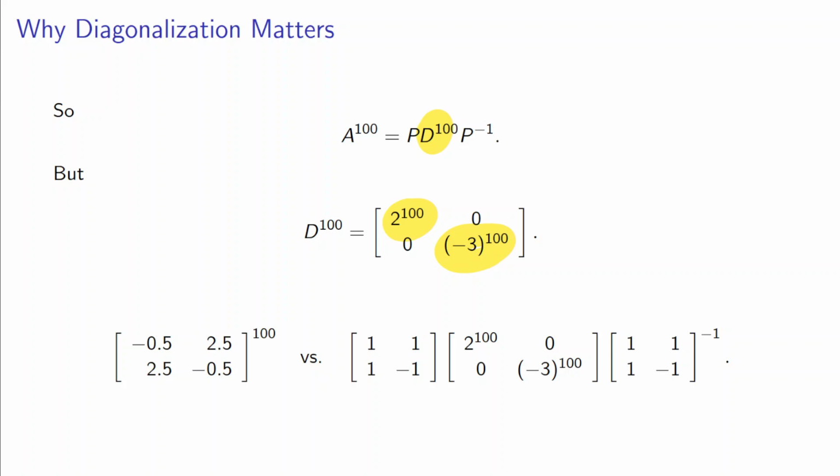Compare that to A to the 100th, which would be down here, right? That's our A to the 100th. That would require us to multiply this matrix here by itself 100 times. And just thinking about doing that once makes me reach for my calculator, right? Even just A squared would be this thing times itself.